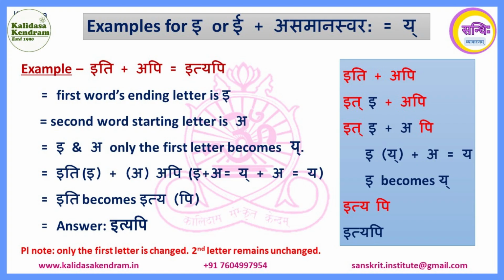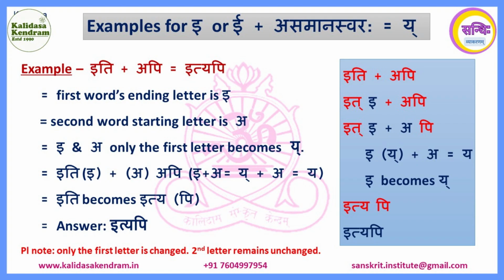Iti, the ending letter is I. Api, A is the beginning letter. Now, I gets changed to Ya. The next A, Y plus A becomes Ya. So, Iti becomes Itya. So, the answer is Ityapi.